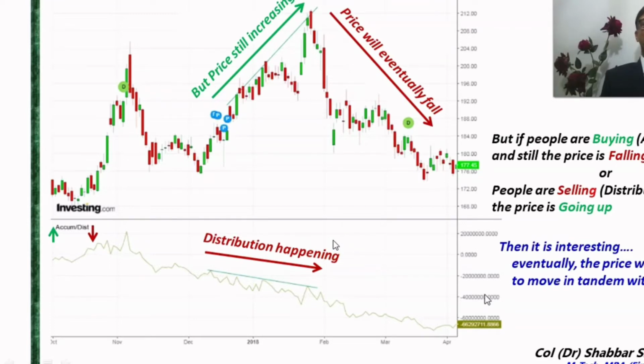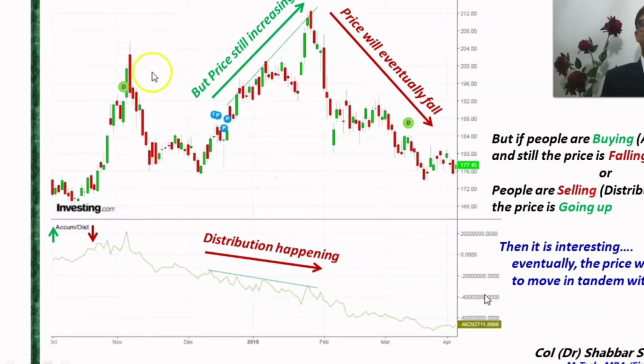For example, if they are following 5 indicators and 4 out of 5 tell them that the price is likely to go up, they will believe that the price will likely go up. But if out of 4 or 5 just 1 or 2 are telling them, then they may not believe that indicator. Alright, so I hope you have understood the significance of this accumulation distribution.